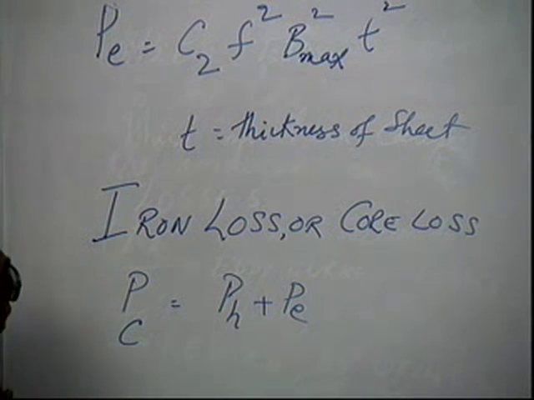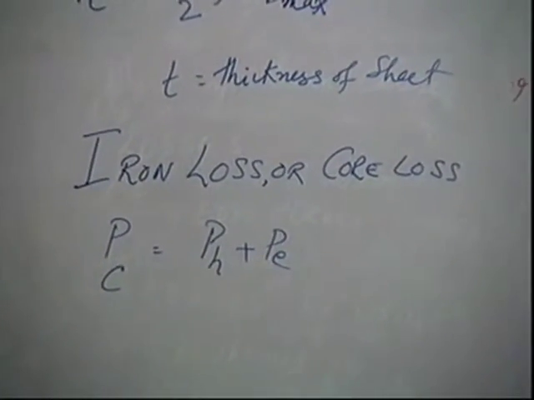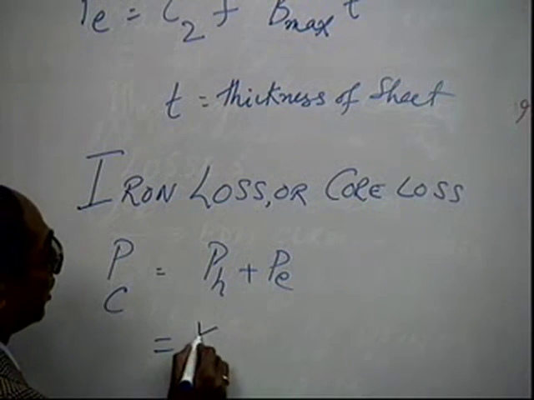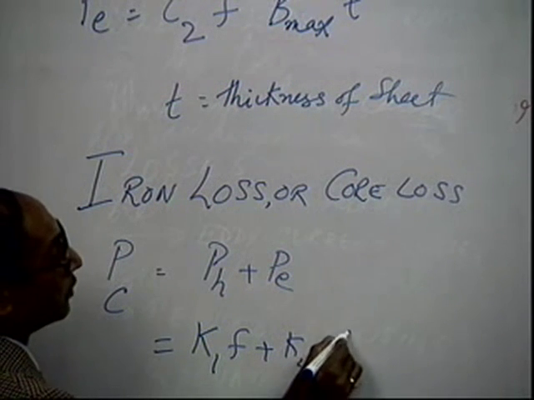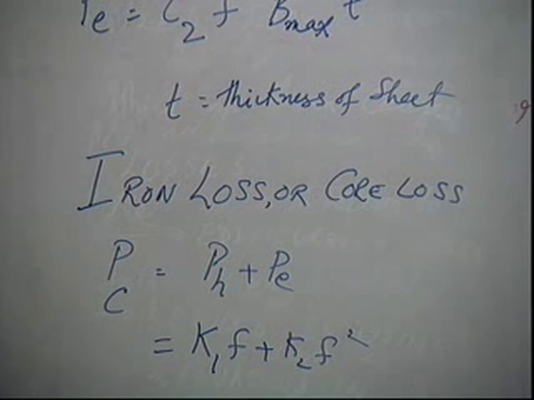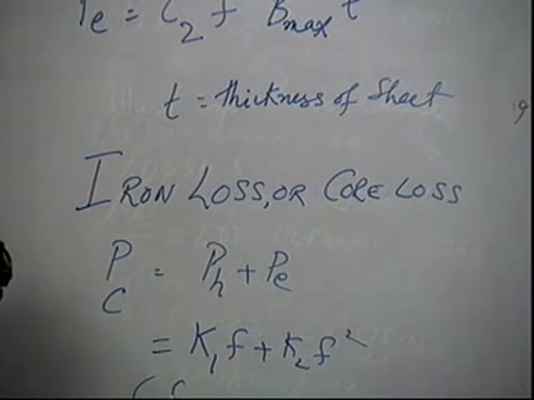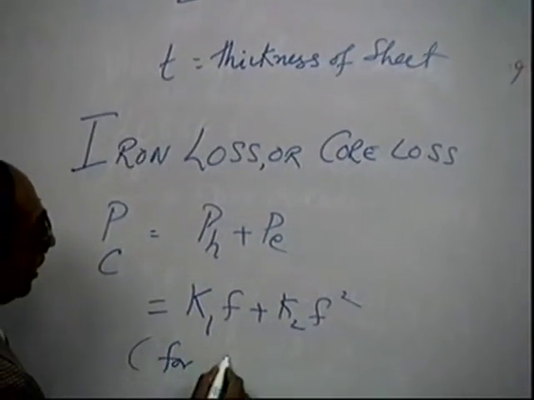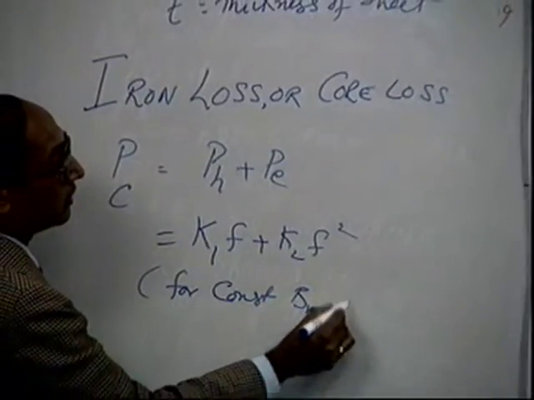And you will also notice that one is proportional to F, another is proportional to F square. So this is some constant times F plus another constant times F square, provided your B max is fixed.